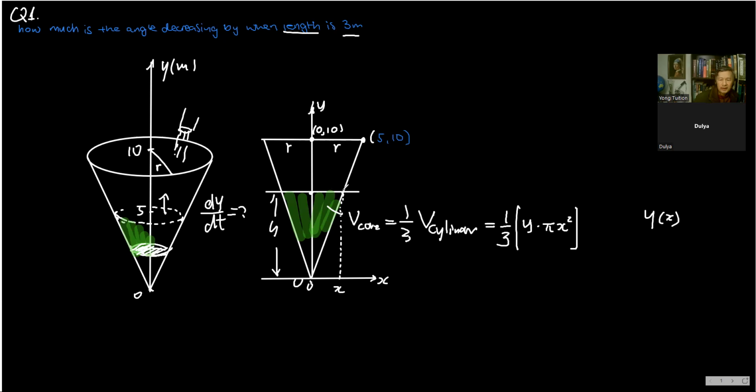In this right-angled triangle, what is the relation between x and y?